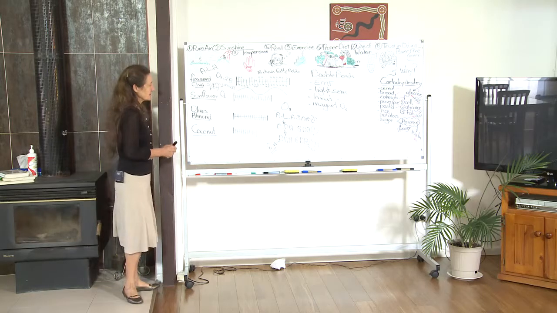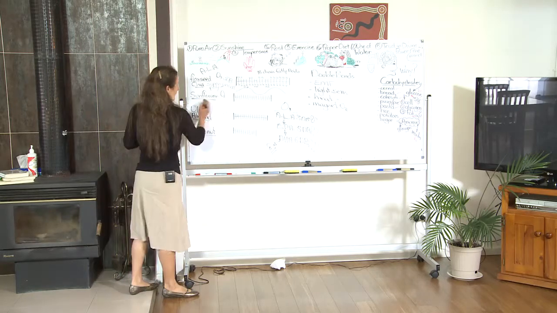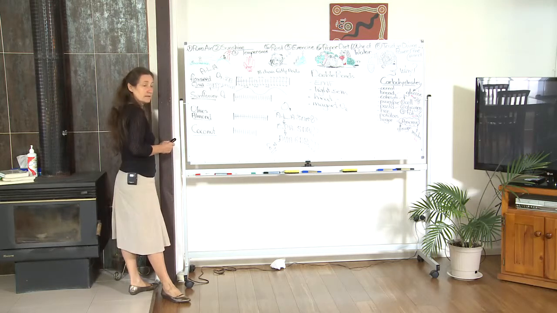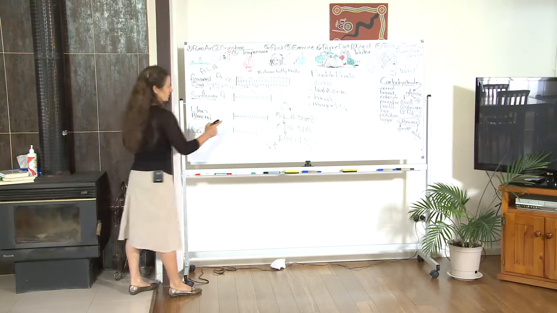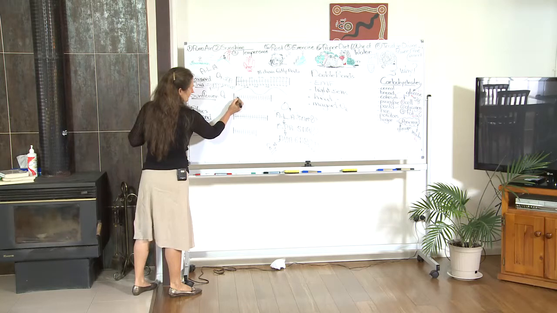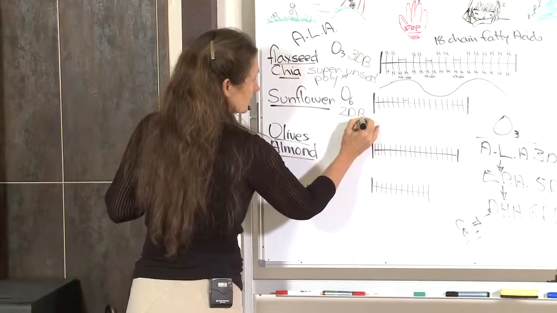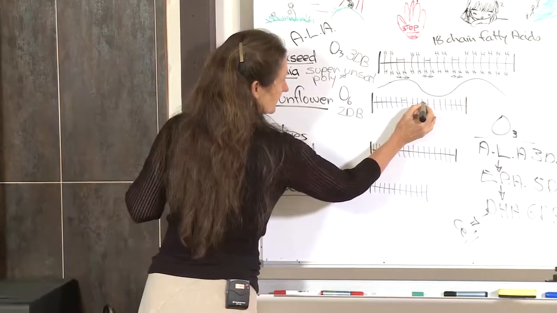What about omega-6? Sunflower is high in omega-6. What does the 6 indicate? It indicates the position on the fatty acid chain of the first double bond. 1, 2, 3, 4, 5, 6. There it is there. And sunflower, with its omega-6, has 2 double bonds. 1, 2, 3. There's another one there.